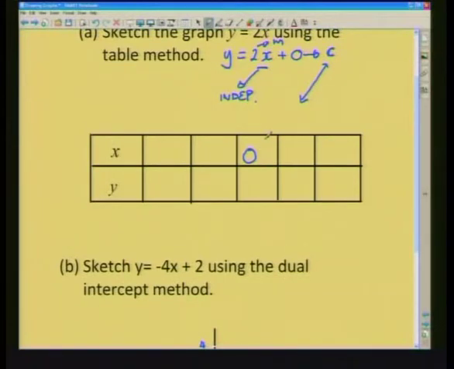And for your independent numbers, you can use anything you like to the left and to the right of naught. So what I'm going to do is take positive 1 and 2 to the right of 0, and then minus 1 and minus 2 on the left of 0. Okay? And then in order to fill this table in, we need to find the values of y.